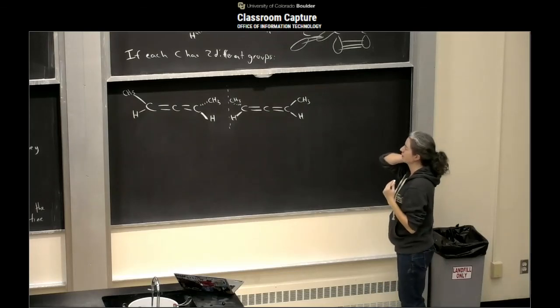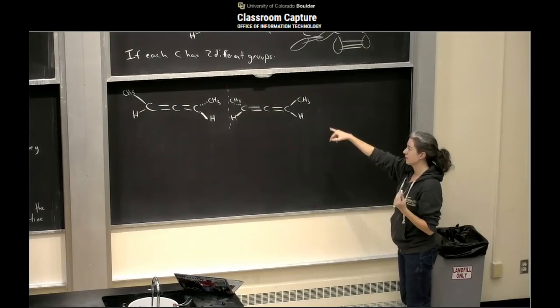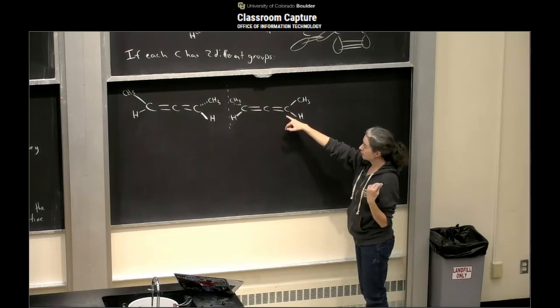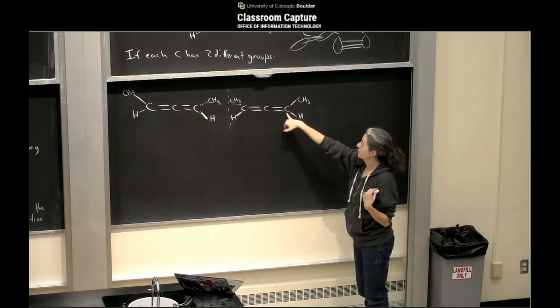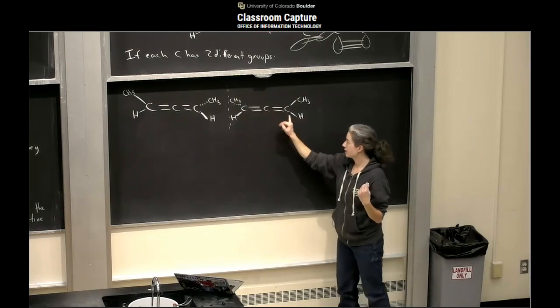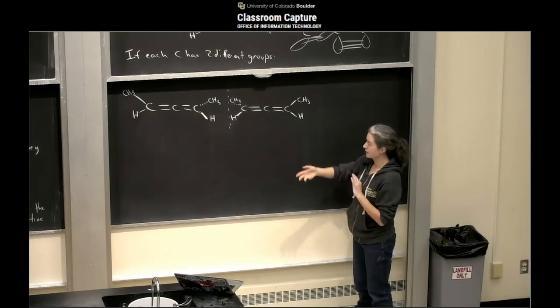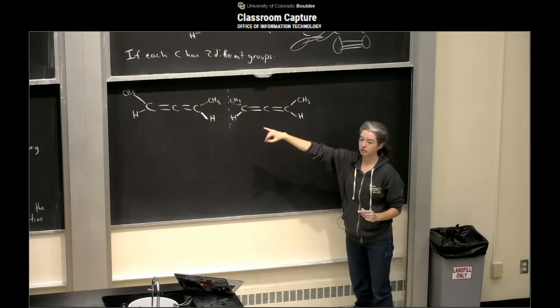I'm not sure if anyone else did, but model kits are super useful for seeing this if you're having a hard time with it. But basically, if we're looking at this, any one of the three carbons in this cumulated chain, if we disconnect two of the bonds and then swap them, we would convert this molecule to its opposite.